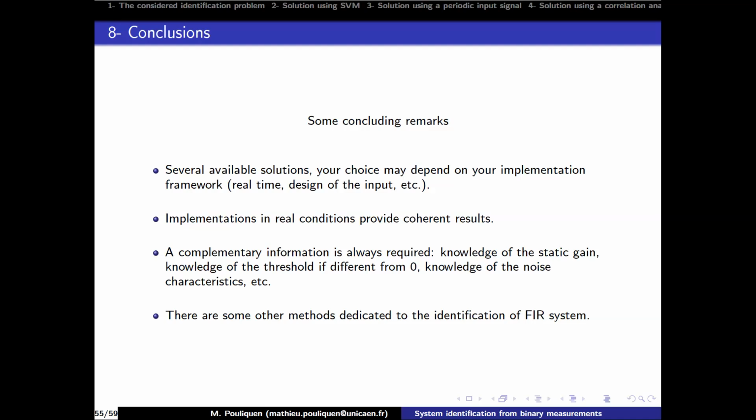You want to realize real time: do you have enough computing capacity? It depends on the environment. Can you design the input as you want? There is often always a complementary assumption, a normalization assumption. As I said before, you have to pay a price somewhere.